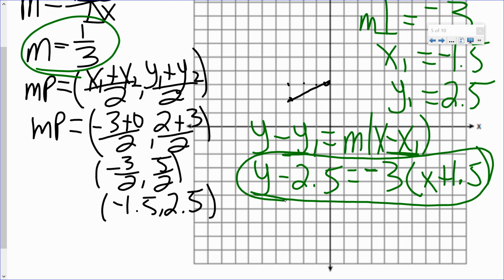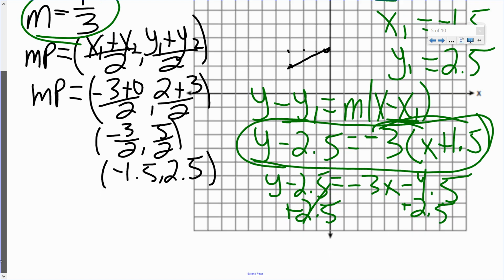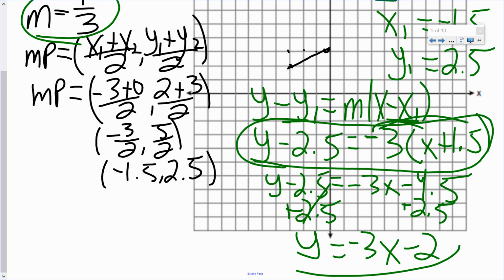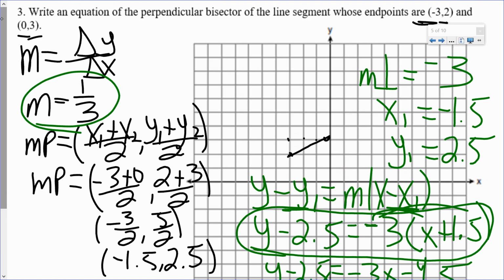If you want to put it into slope-intercept form, mx plus b form, you have to distribute and isolate y. You would get y equals -3x minus 2. Either one is fine. The goal, the objective is to understand how to write the equation of a perpendicular bisector.